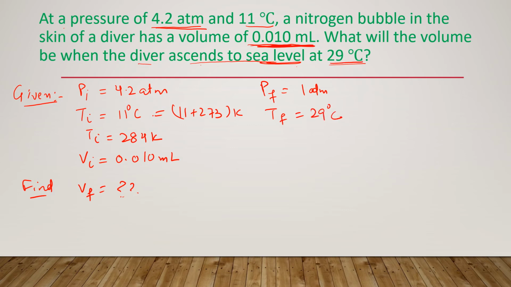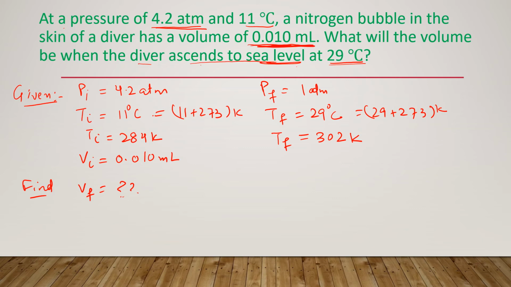Let's convert it into Kelvin. To convert it into Kelvin, we need to add 273, so that's 29 plus 273 Kelvin, which is 302 Kelvin.